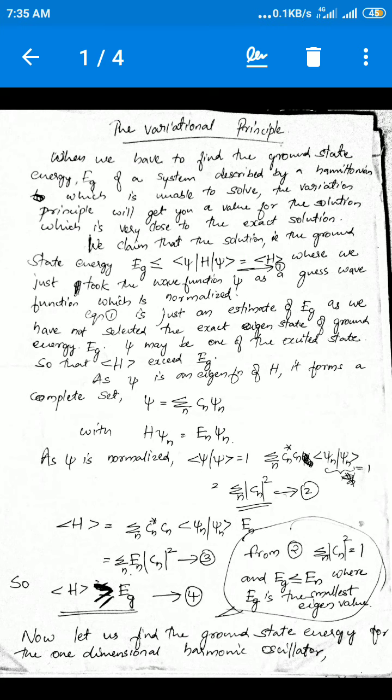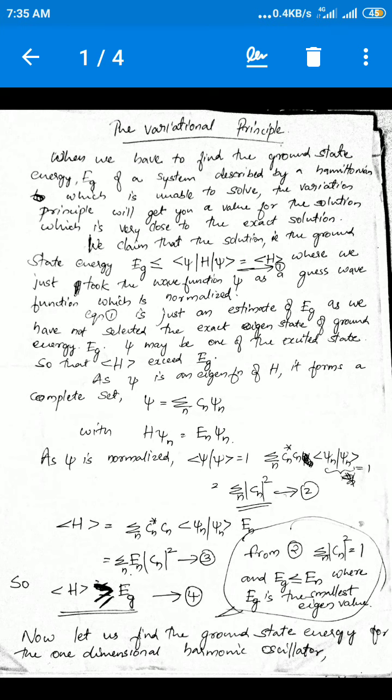When we have to find the ground state energy, for example, of a system described by a Hamiltonian which we are unable to solve, because the Hamiltonian is a little complicated, then we use the variation principle.